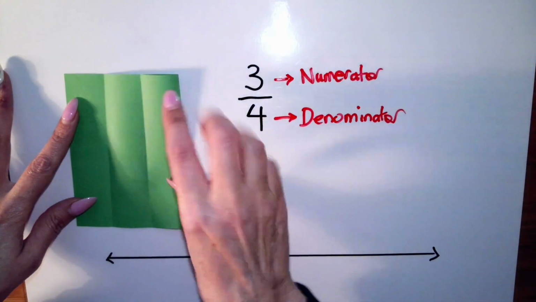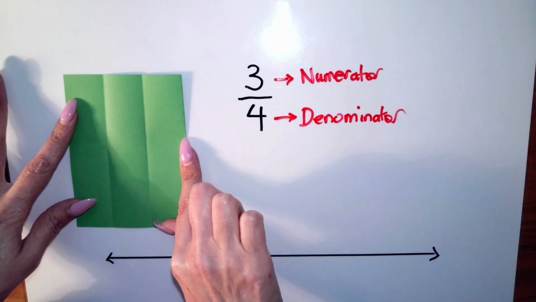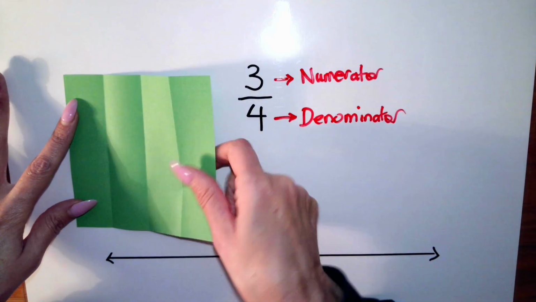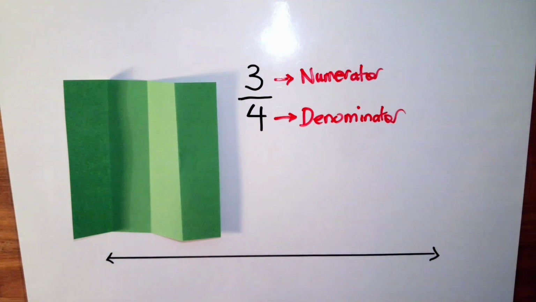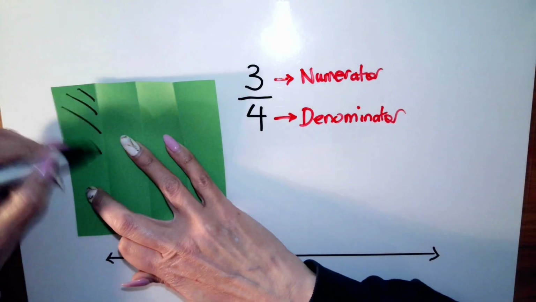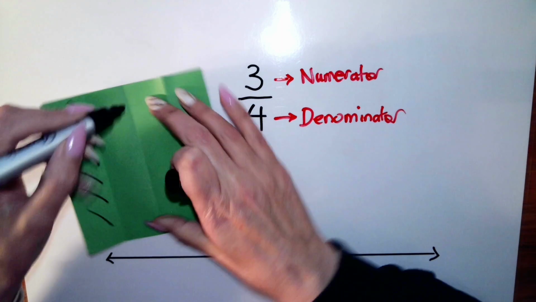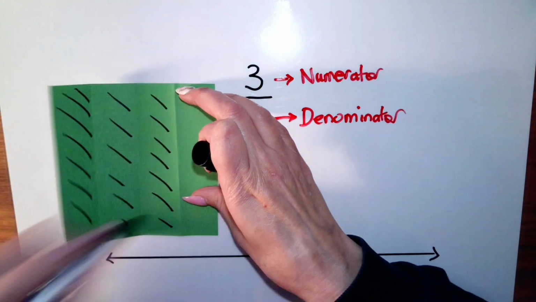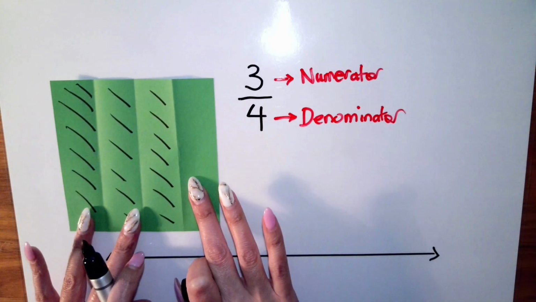I want to see what that looks like. So this is what 3/4 of my whole will look like. They can shade each one of those parts. And that is 3 out of my 4 parts shaded.